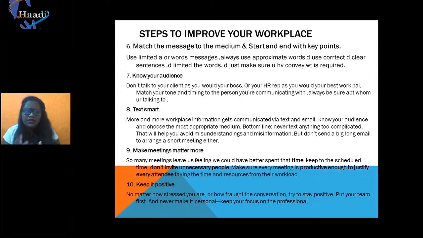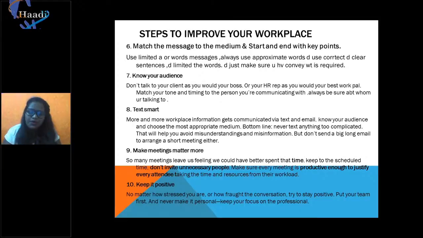If you want to convey something, just convey it in your simple words, which will not create any misunderstandings. Convey it with the same communication skill, and make sure you text smart. That is, don't send big emails, or just arrange a small meeting. With a small matter, you can convey lots of things.